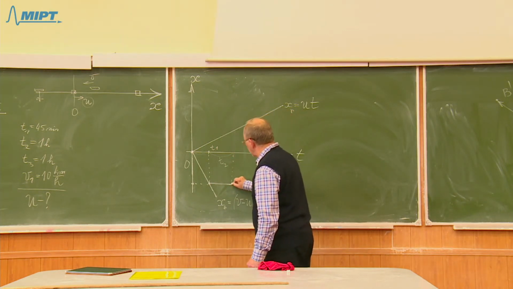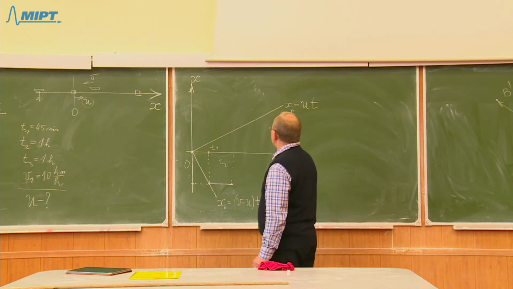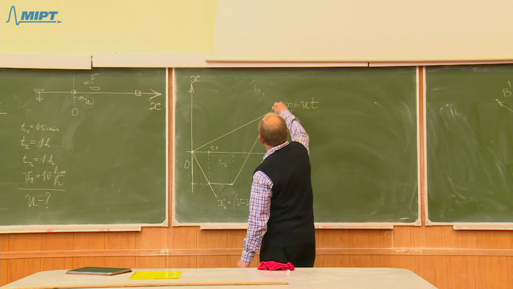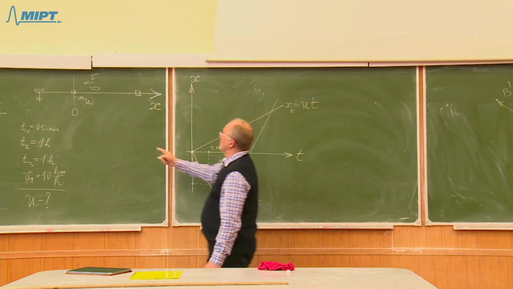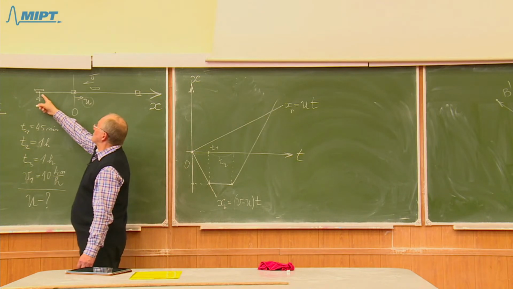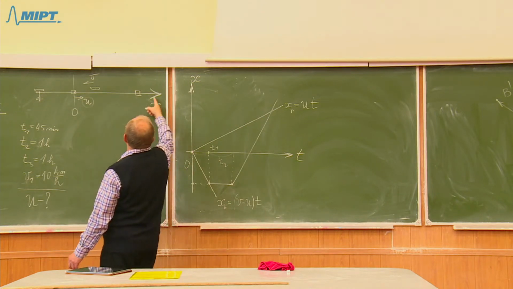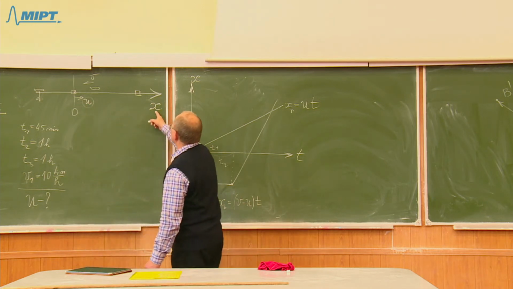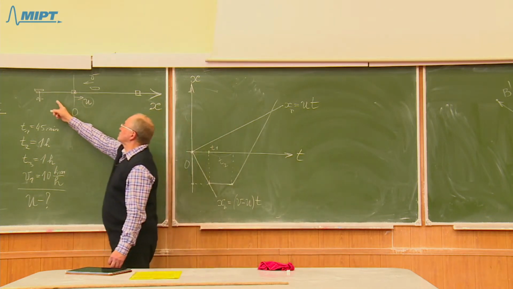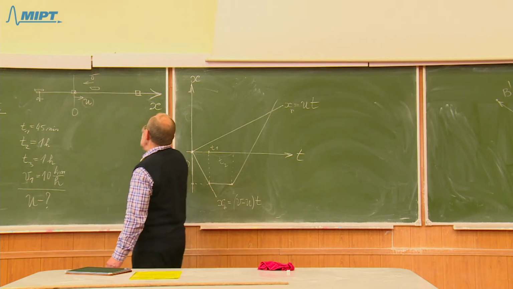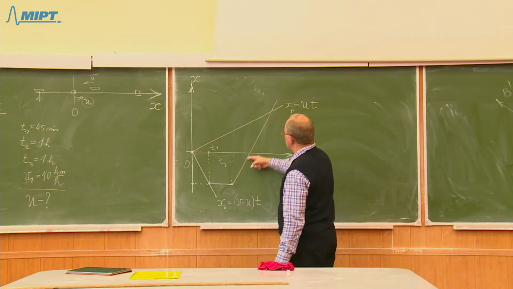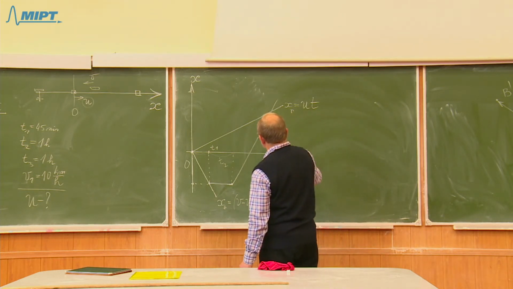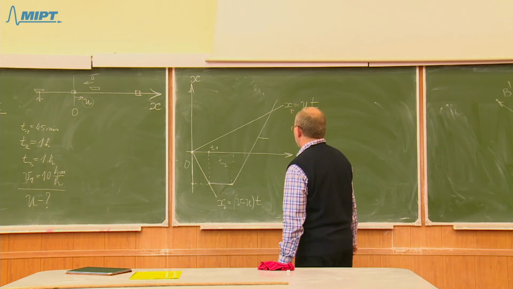And then the boat started downstream to chase the raft. That is, from here, the boat went in the positive direction of the x-axis. So the coordinate of the boat increased from negative to positive values, and that can be shown in the graph in this way.